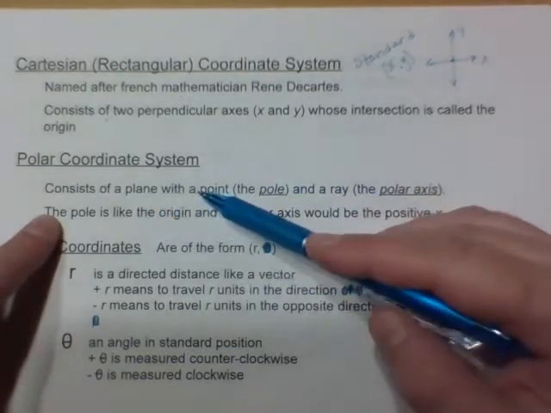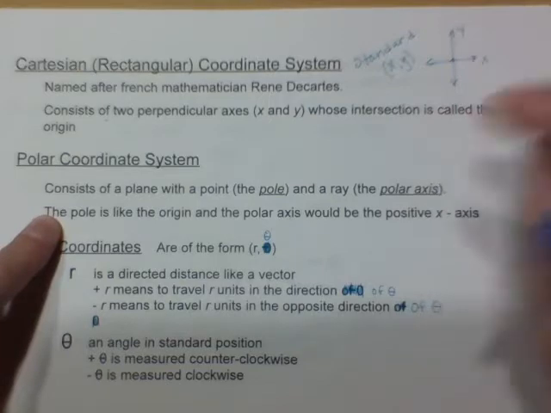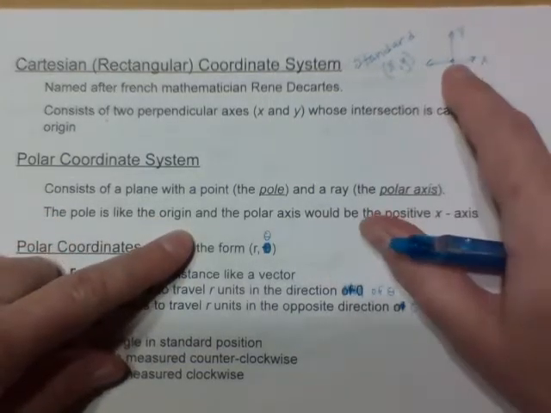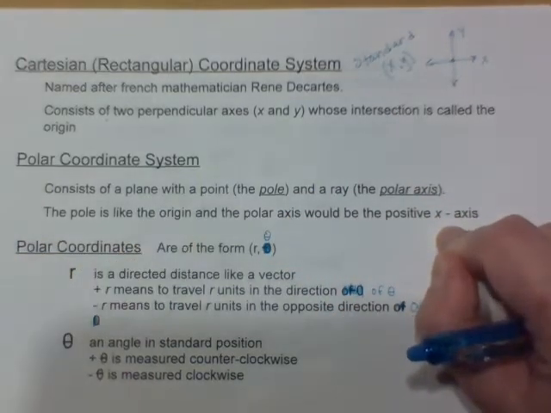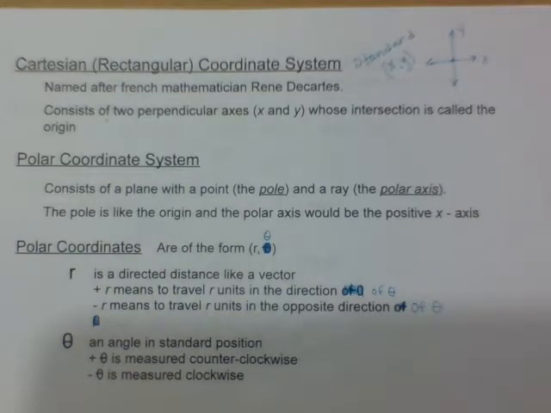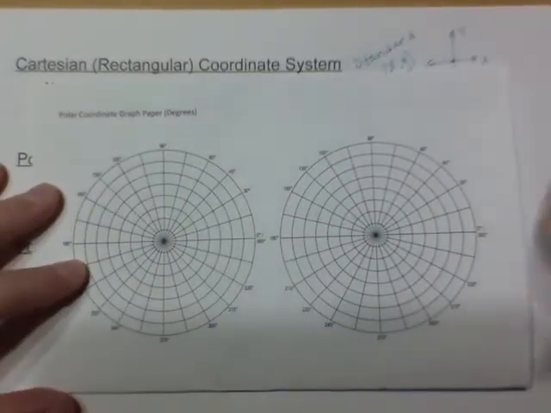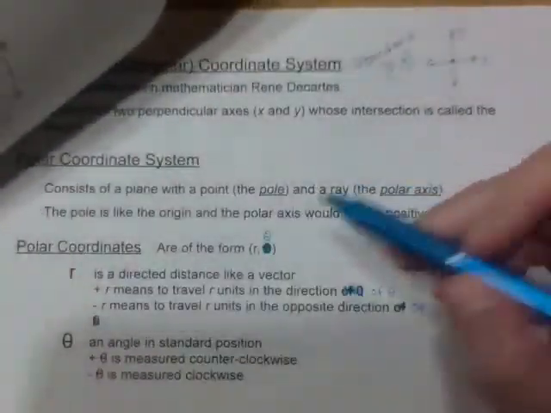It consists of a plane with a point called the pole, and a ray or a bunch of rays, which are your polar axes. The pole is like the origin, and the polar axis would be the positive x-axis. There is an attachment to this section, but if you look at this example, this is what we're talking about. Here is the pole, and out from that pole are your x's.